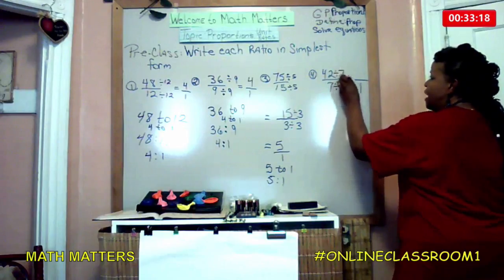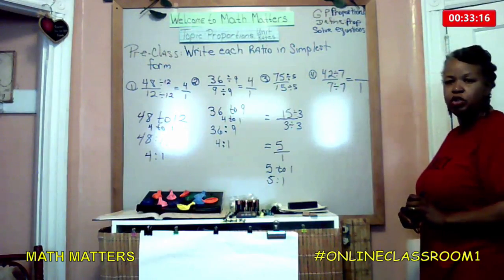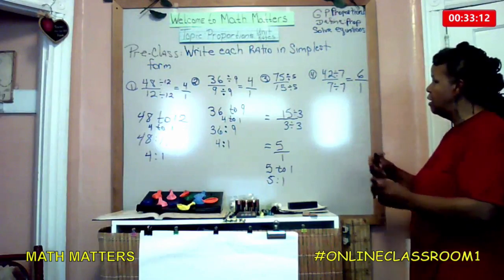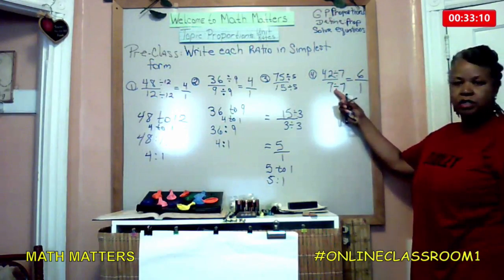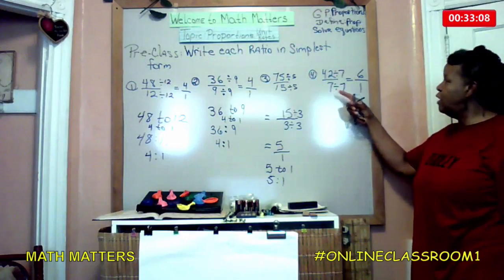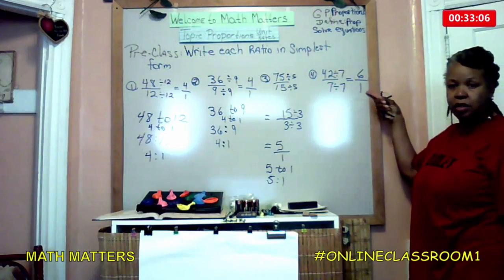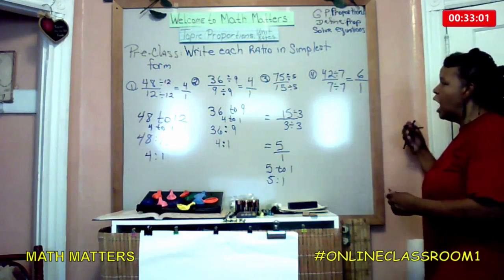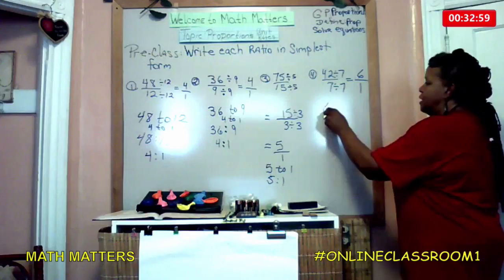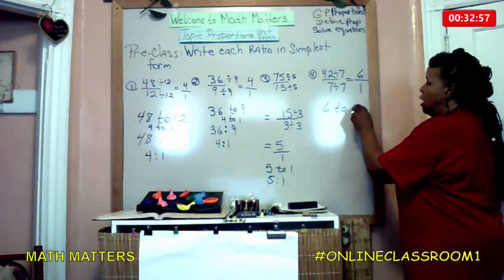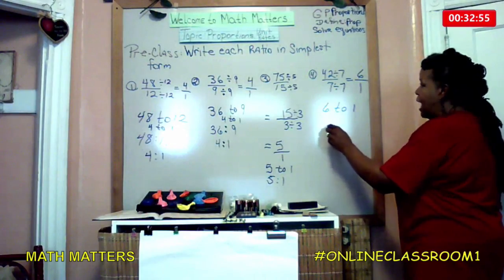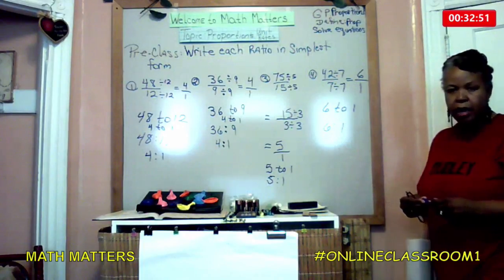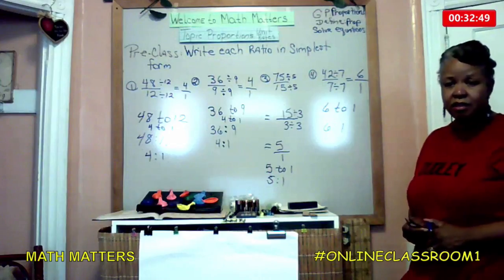I need to do the same thing to my numerator. 42 divided by 7 is 6. 42 to 7 is equivalent to 6 to 1. Absolutely equal to 6 to 1. And of course we can write it as 6 to 1. And we can also write it as 6 colon 1. Okay? Does this make sense?